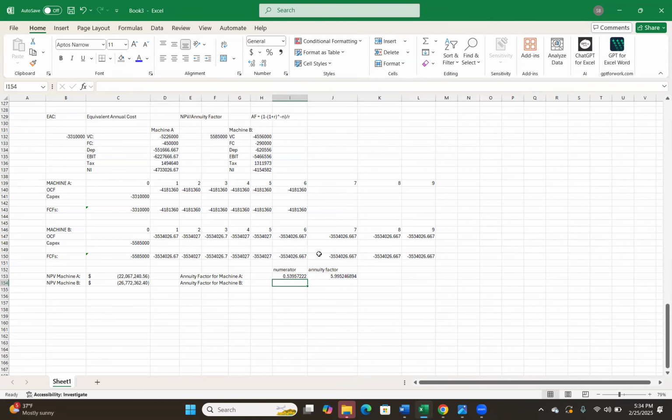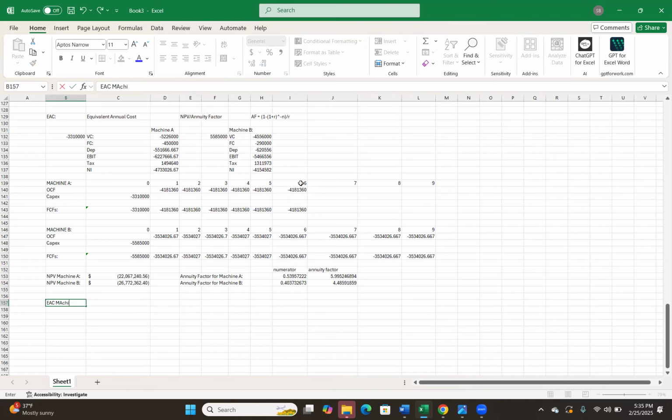And then for machine B should be equals 1 minus 1.09 to the power of negative 6. Awesome. Then we're going to take that and divide it by 0.09, 4.48. So now the EAC for machine A, let me label that.